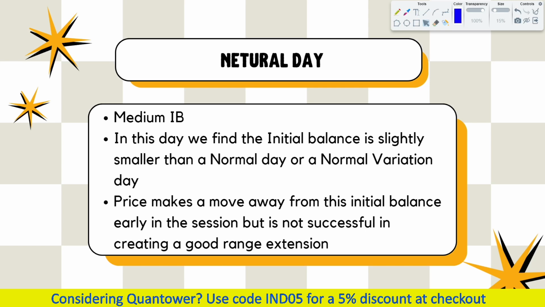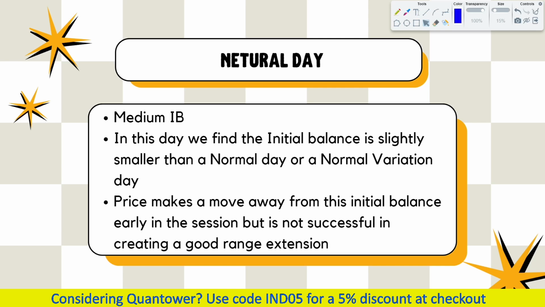Now let's see the neutral day. We have two types of neutral days, which we're going to discuss further. The characteristic of a neutral day is a medium IB, just like the normal variation day. The initial balance is slightly smaller than the normal day or normal variation day, somewhere between small IB and medium IB.